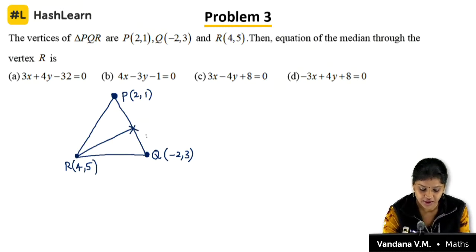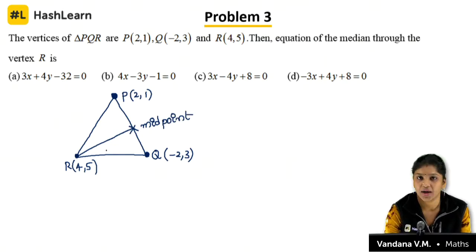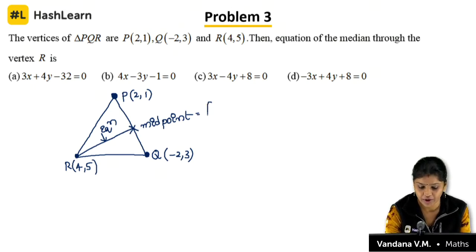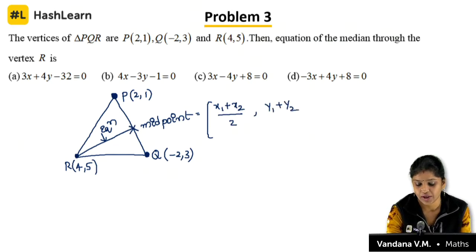We know this, right? So how to find the midpoint? Now I would like to find this line equation. This point is the midpoint of these 2 points. How to find the midpoint, children? x1 plus x2 by 2, comma, y1 plus y2 by 2.